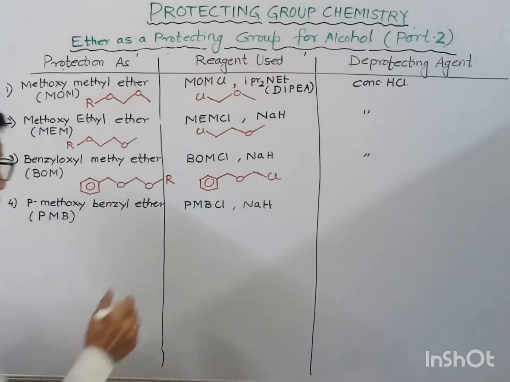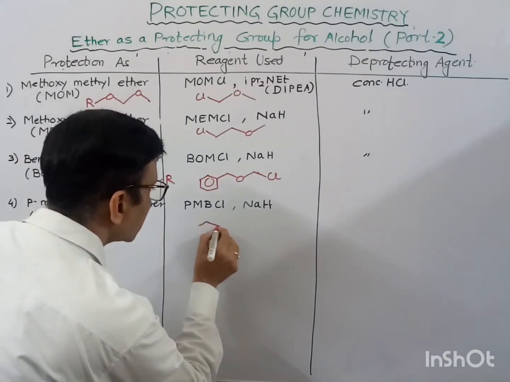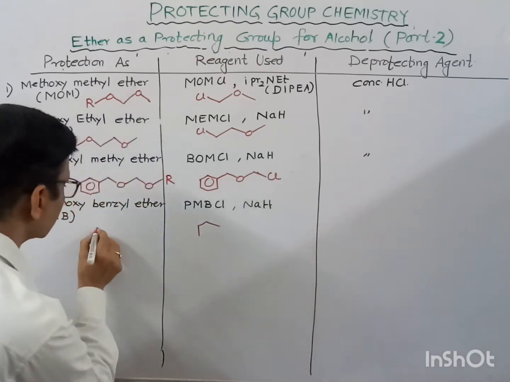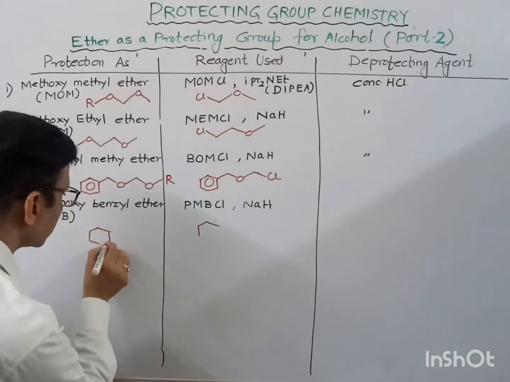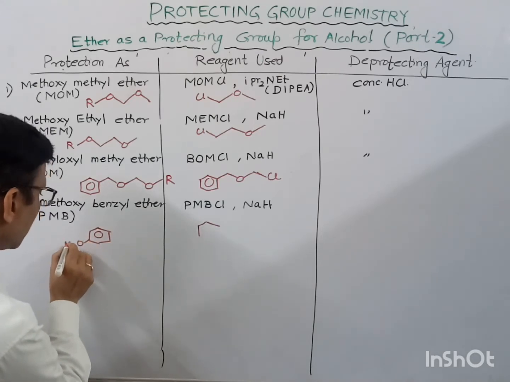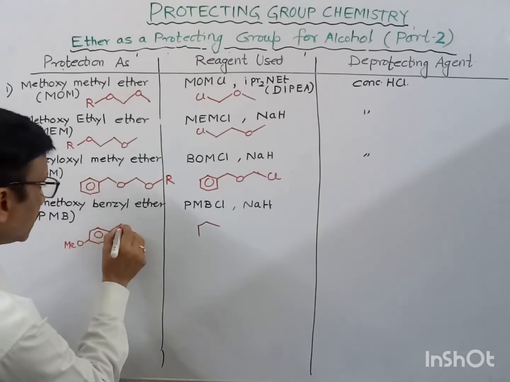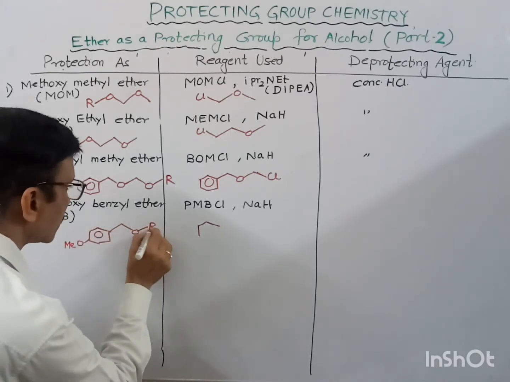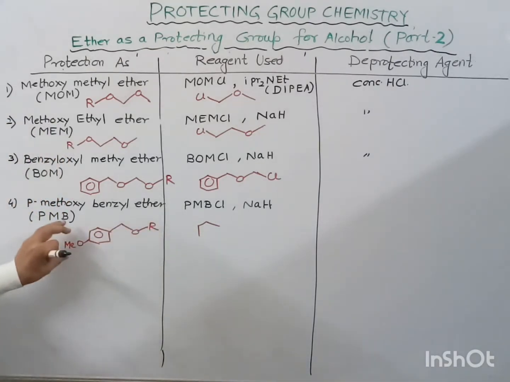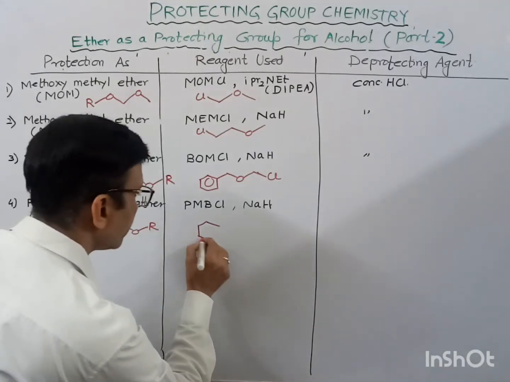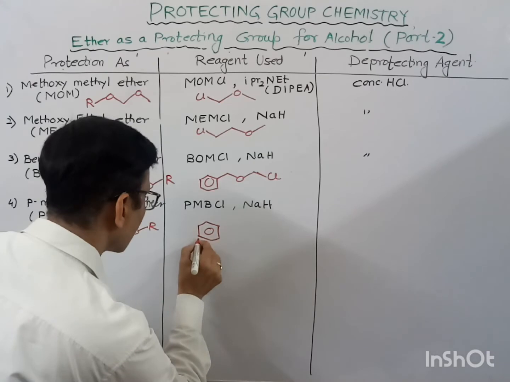Now here if you write this one, this is para-methoxy benzyl ether and para-methoxy benzyl chloride.